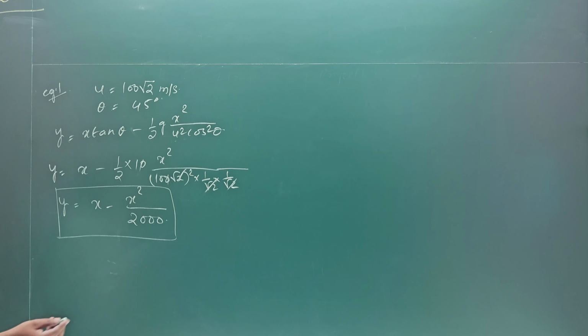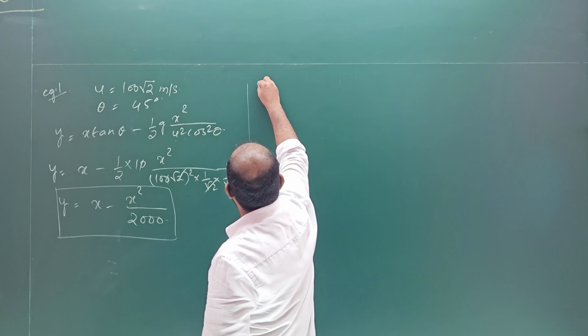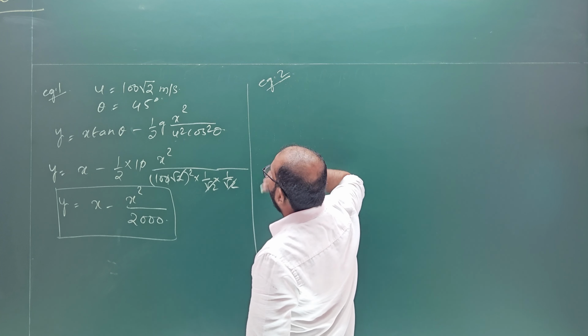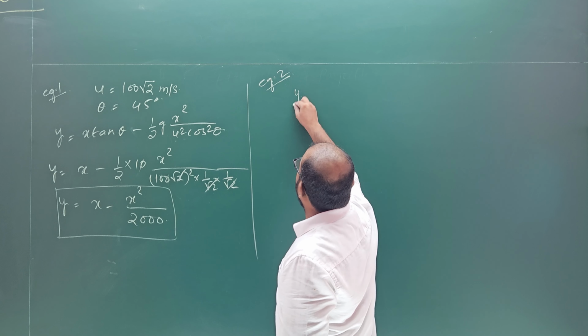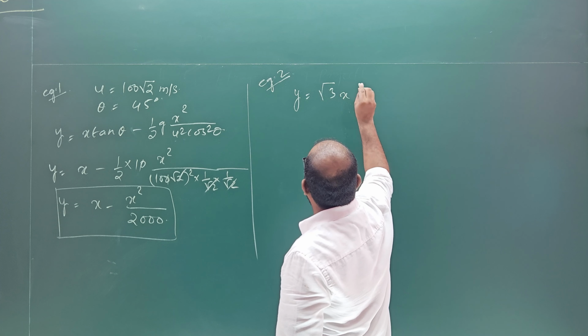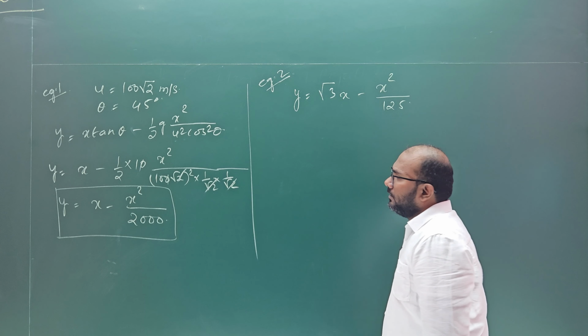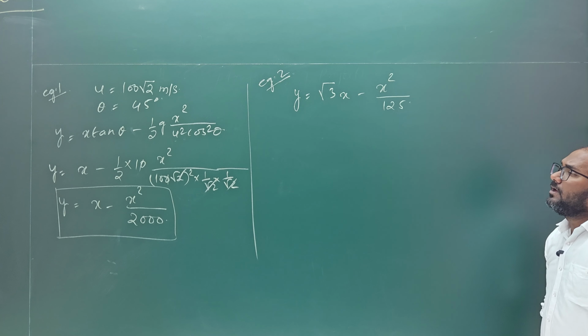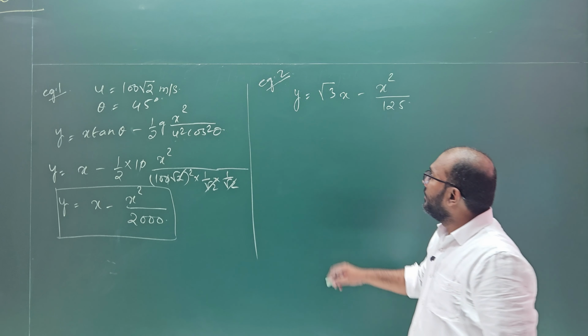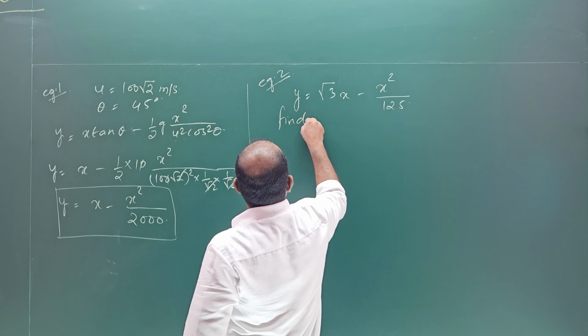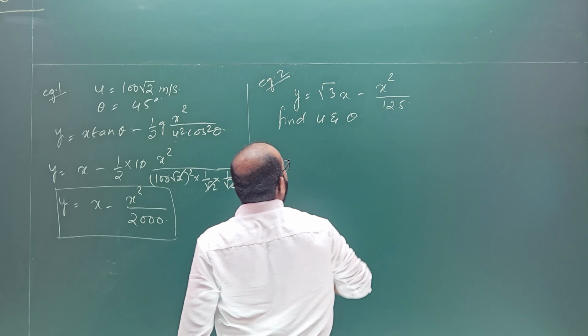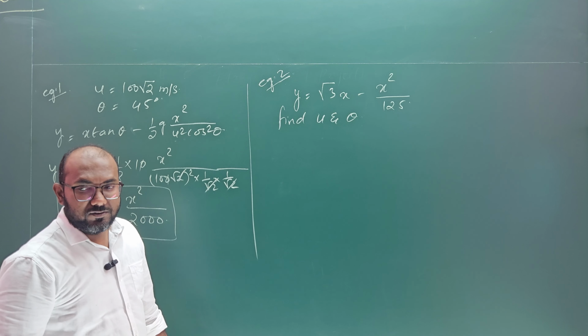Similarly, they will provide you like this. Example number 2. y is equal to root 3 x minus x square upon 125. If they ask you to find u and theta, all you need to do is equate the equations.